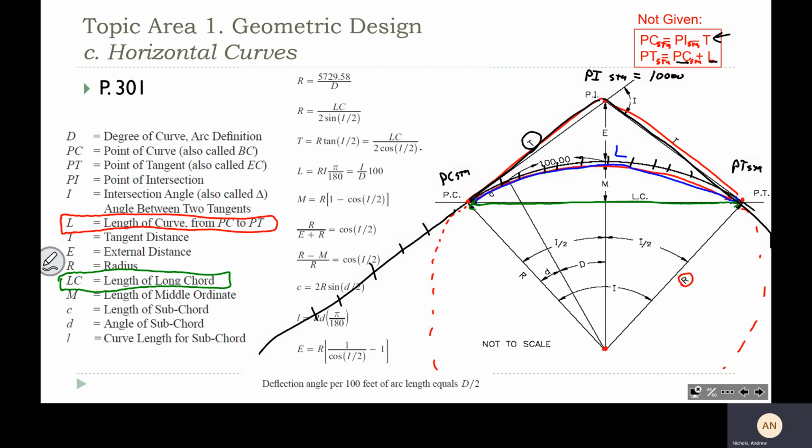So that's why, to get the PT station, you cannot take the PI station, add T, and get the same station, because it only matters along the center line. That's how we're going to build the roadway. So even though you could add T to the PI station, it's going to give you a number that has some meaning, but it is not the actual PT station with the roadway laid out along the center line.